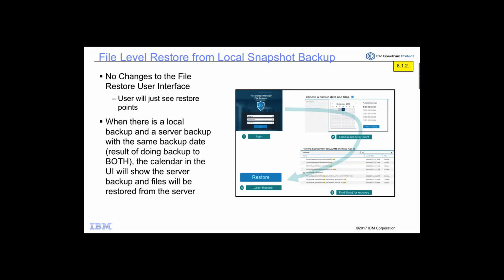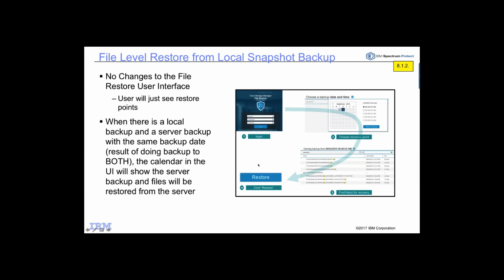Now, from a file level restore perspective, we of course have the self-service file restore graphical user interface for Data Protection for VMware, which allows end users to restore files inside of their virtual machine. And we wanted to keep that as simple as we possibly could and very simple to use.